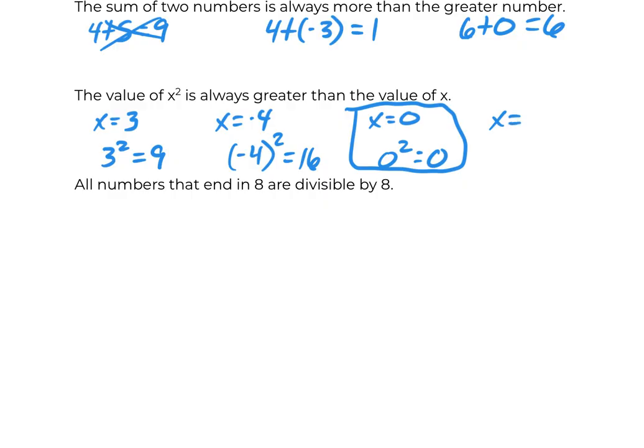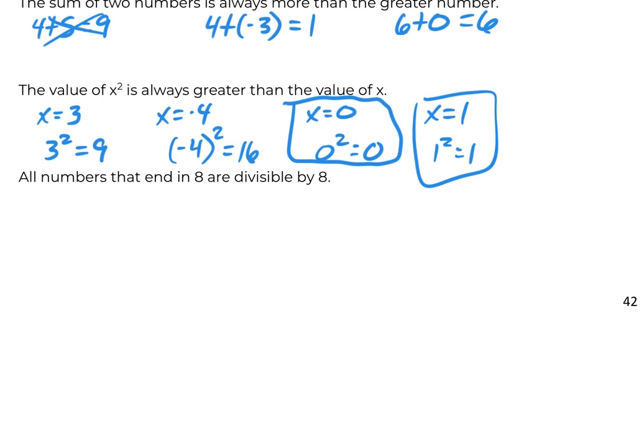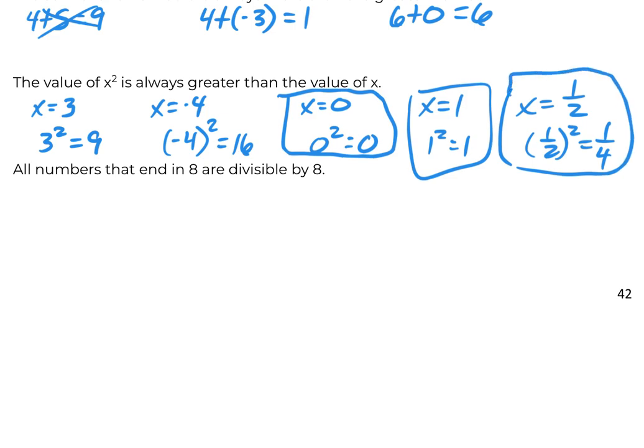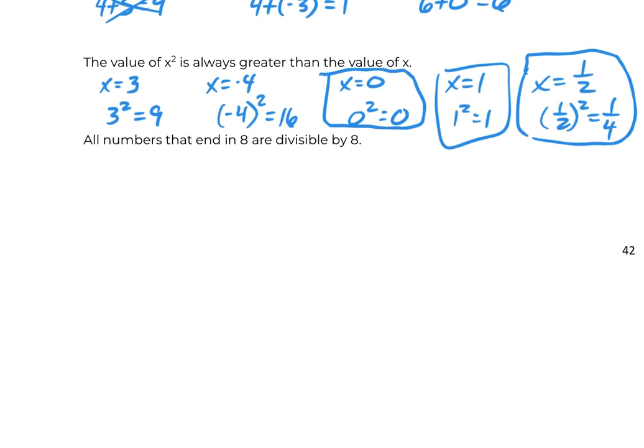X equals 1. 1 squared is 1. That would be a good one. Or you could do a half, a fraction. If I were to square a half, I would get a fourth. A fourth is less than a half. So that would be another counterexample. So there, I gave you 3 of them. That's just showing you there could be a lot of possibilities. There's not just one answer that has to be it. And that's kind of what we're looking for.